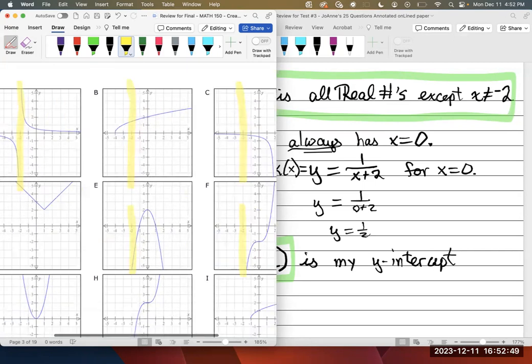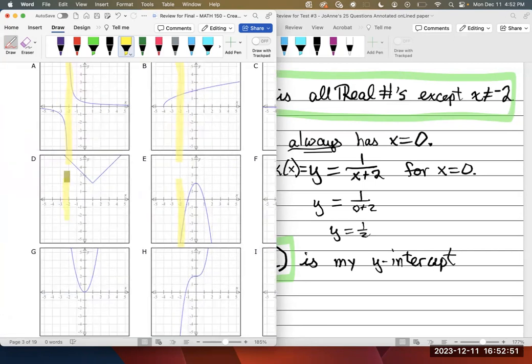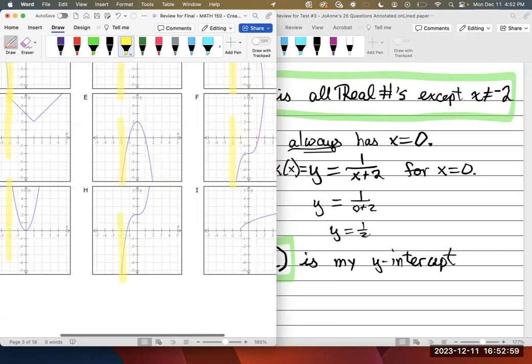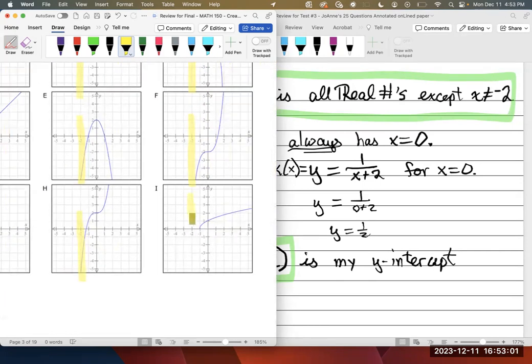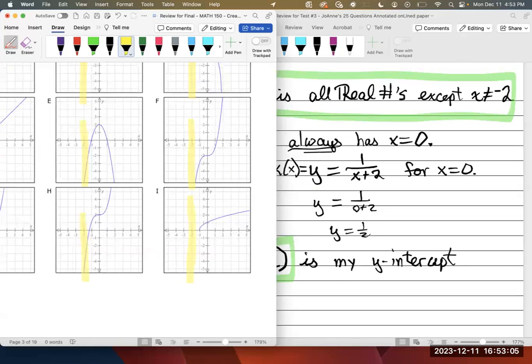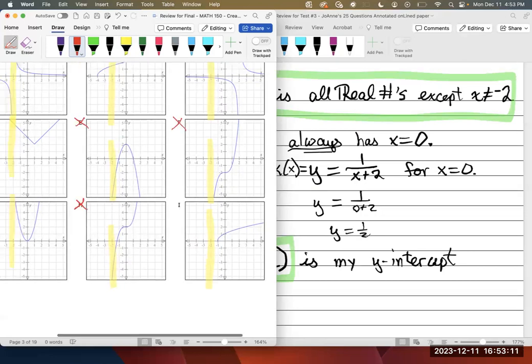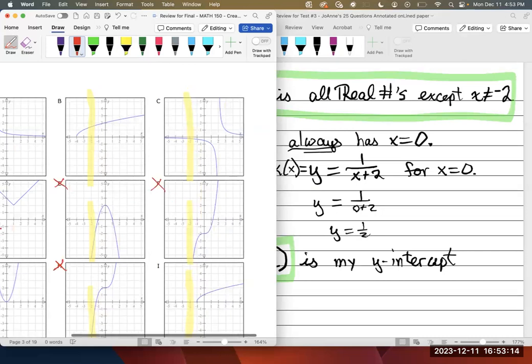But look, B, C, even D, all but one of these so far actually have a solution for the x input of -2. So just looking at this, I know all of these graphs are eliminated. Make this a little bigger for you.